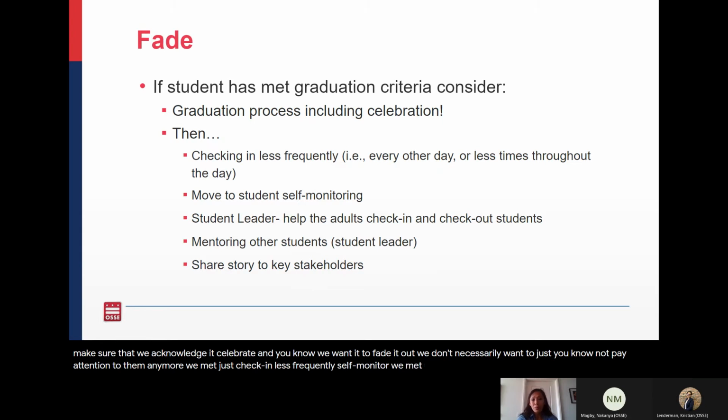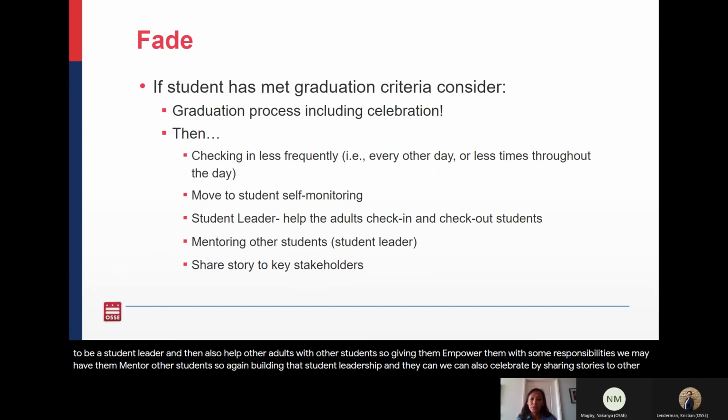We may give them other opportunities to use some skills to be a student leader, and also help other adults check in and check out other students. So, empowering them with some responsibility. We may have them mentor other students. So again, building that student leadership. And we can also celebrate by sharing stories with other key stakeholders.